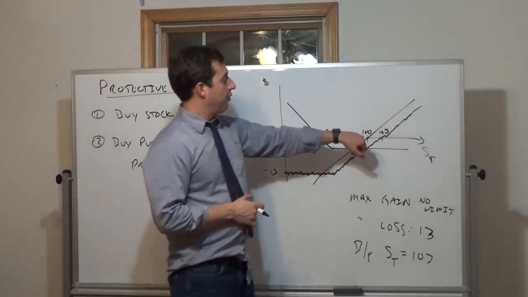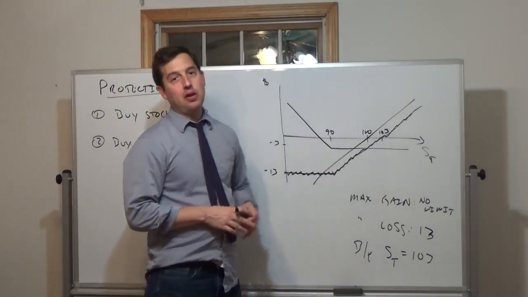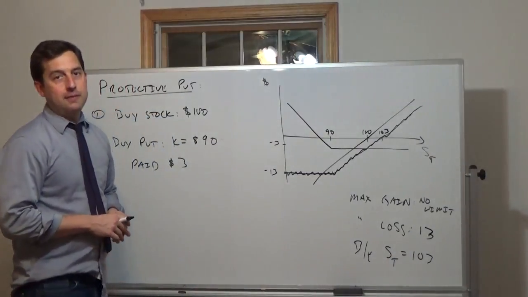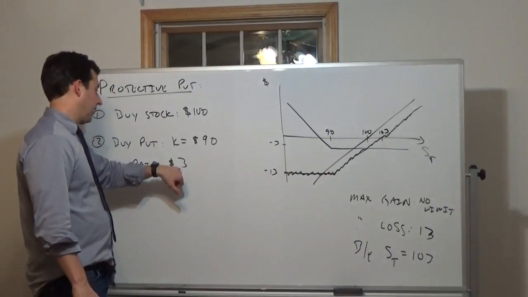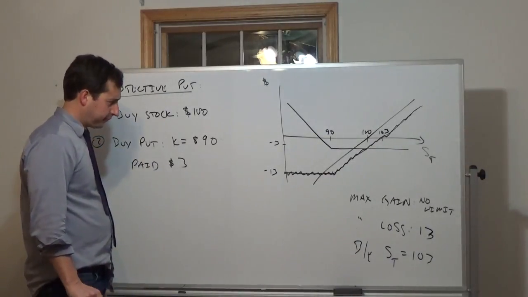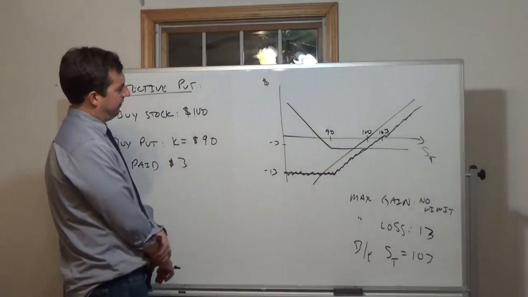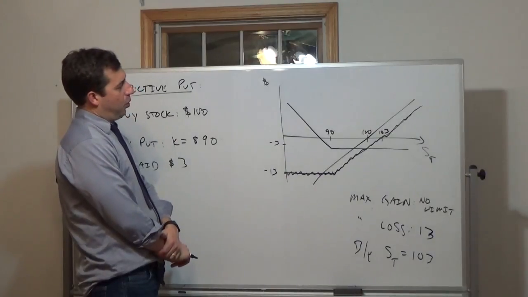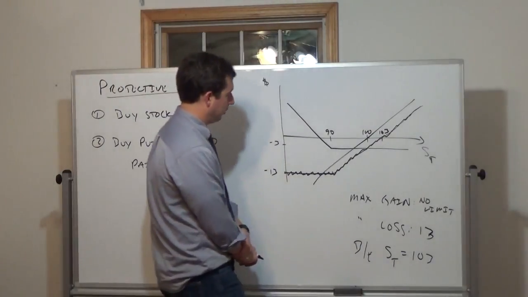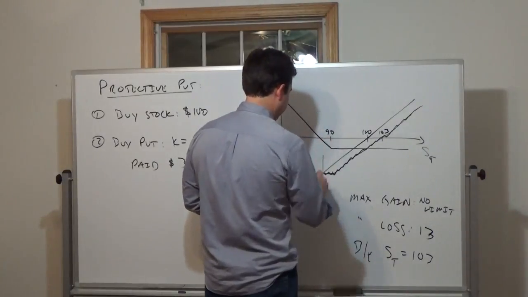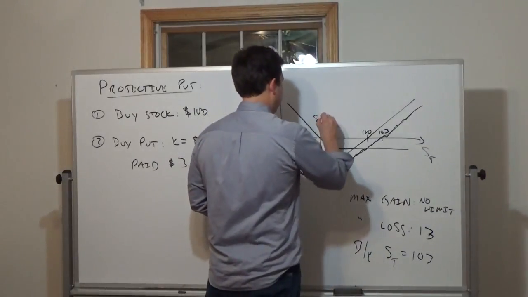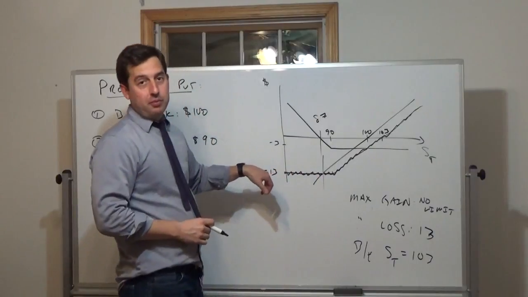Of course, we're always going to break even at what we paid for the stock plus the price we paid for the put. So that's the 100 plus the $3 we paid for the put. So the idea of this is, if the stock is below, what is this going to be? This point, which is going to be 87, we are glad we put on the protective put position.